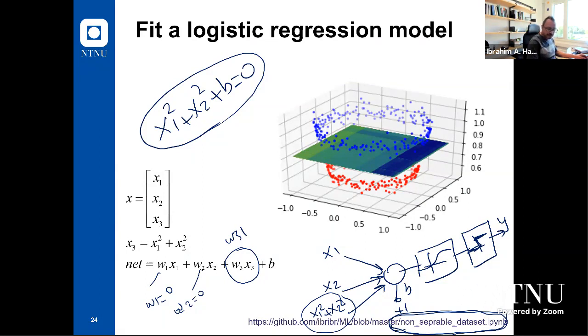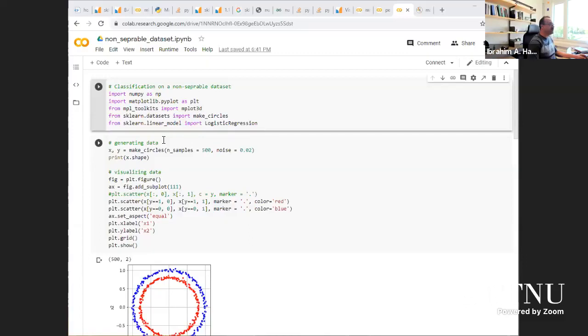Yes, the non-separable dataset. In fact, we have these make circles. It's one of the toy dataset generators which we can use from sklearn. So generate data: you have X and Y.